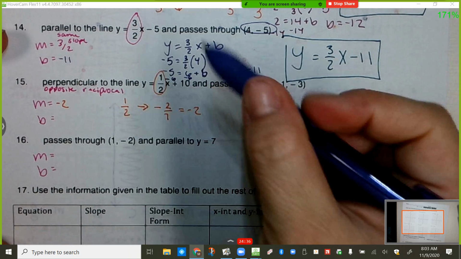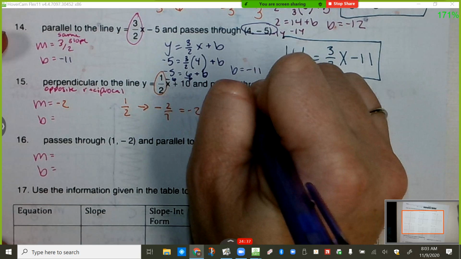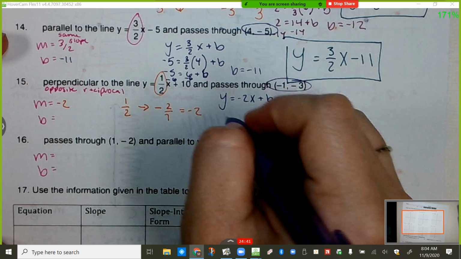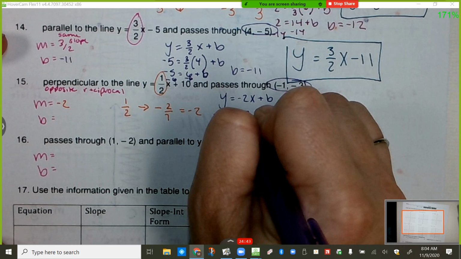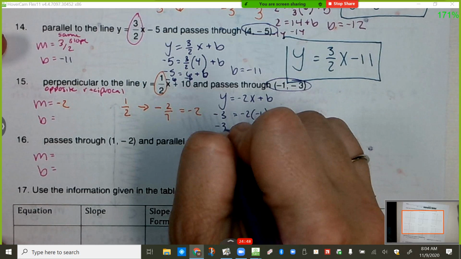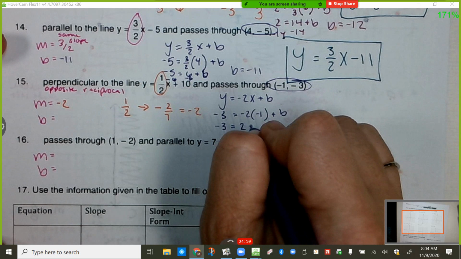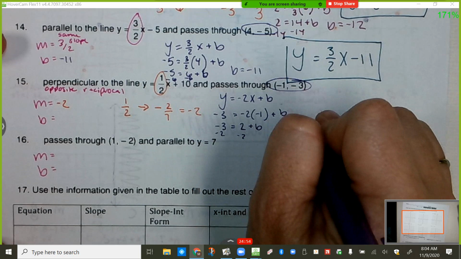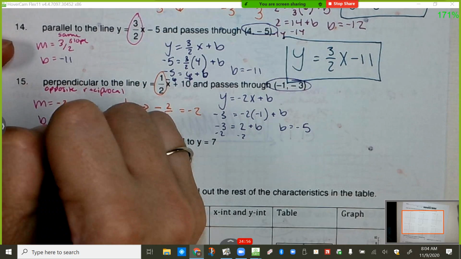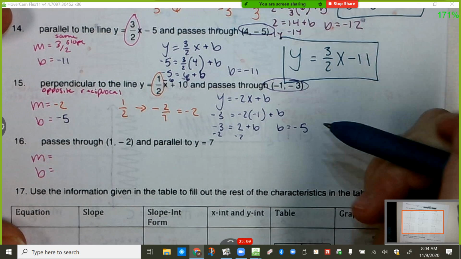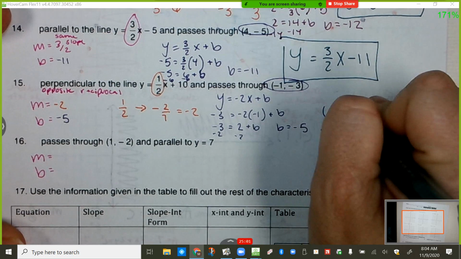So y equals negative 2x plus b, and I'm going to plug in my point. Okay, and I get negative 3 equals positive 2 plus b, minus 2 minus 2, b equals negative 5. So I get y equals negative 2x minus 5.